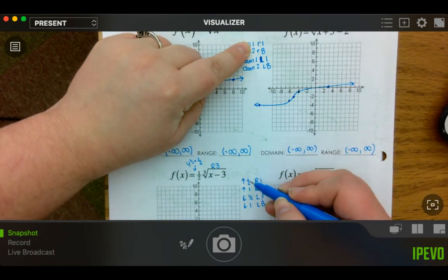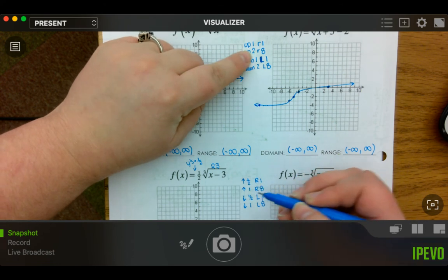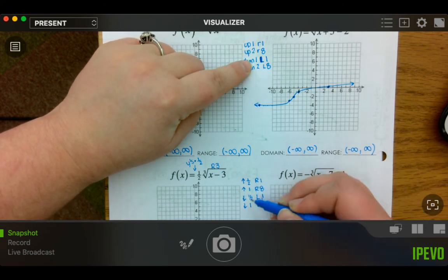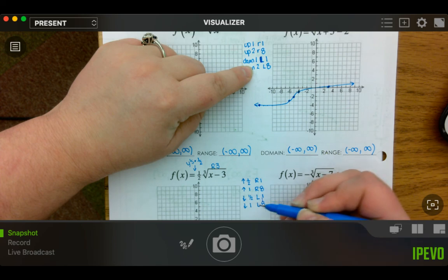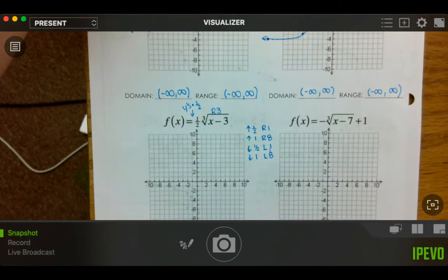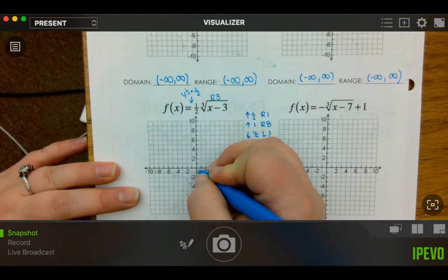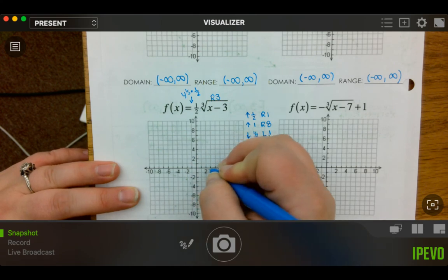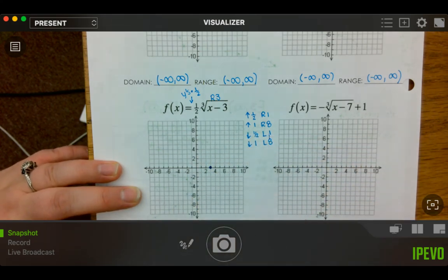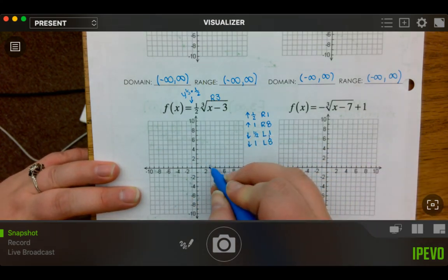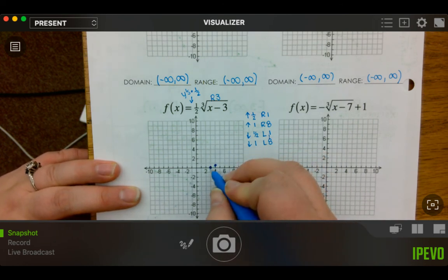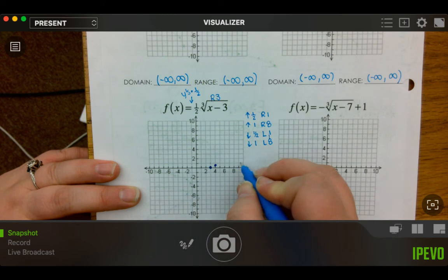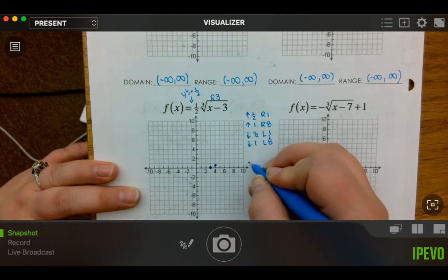1 times 1/2 is 1/2. 2 times 1/2 is 1. 1 times 1/2 is 1/2. 2 times 1/2 is 1. So what I'm going to do is go to the right 3 from my middle point, and then I'm going to go up 1/2, right 1. I'm going to go back to the middle point, up 1 over 8, which puts me 1 off the graph.